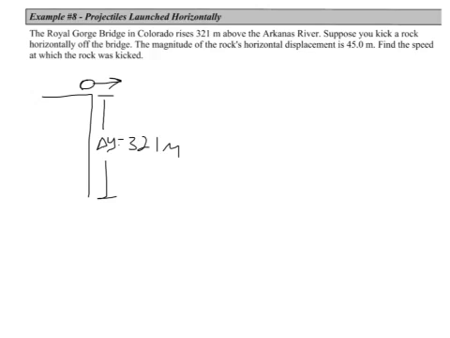The magnitude of the rock's horizontal displacement, the range, is 45 meters. So delta x is 45 meters. And we need to find the speed, Vx, at which the rock was kicked.